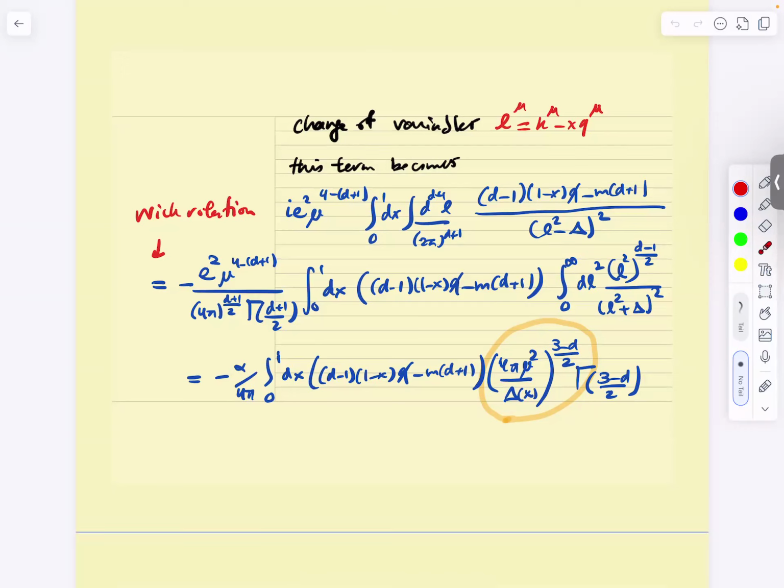That shouldn't surprise you. There's also d minus 1. That d minus 1 will give you a term that's order epsilon, so those are the things that you want to keep track of. Those terms are suppressed.